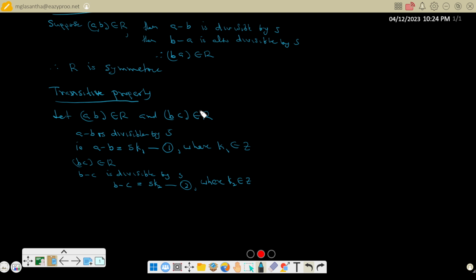Now you can add equation 1 plus equation 2. If you add 1 plus 2, minus b plus b get cancelled. On the left hand side you will get a minus c. On the right hand side you can take 5 out, k1 plus k2. But k1 plus k2 is also an integer.